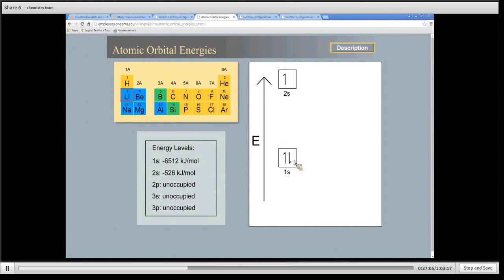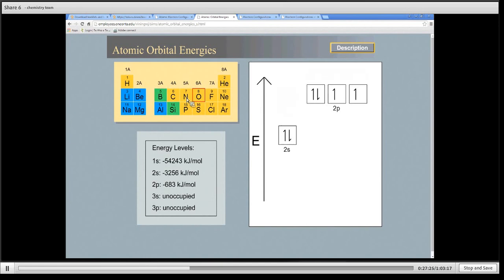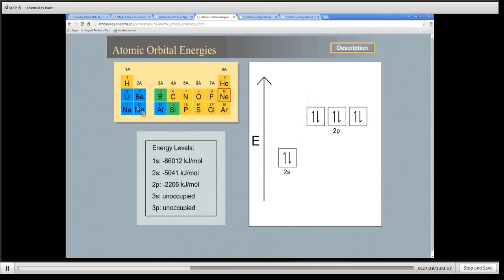Lithium has that extra one, and can you see how that first energy level has dropped even further because it's even less energetic, and that extra electron has got much more energy than the lithium. The beryllium, it's paired up, so it drops a bit. Now I get to these, and as I start pairing up and I get to neon, there's that drop again.